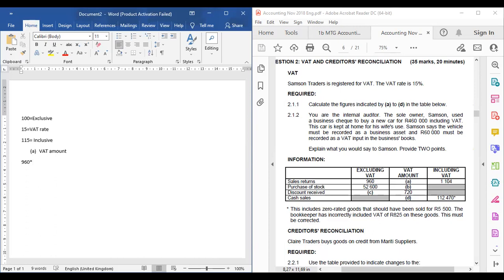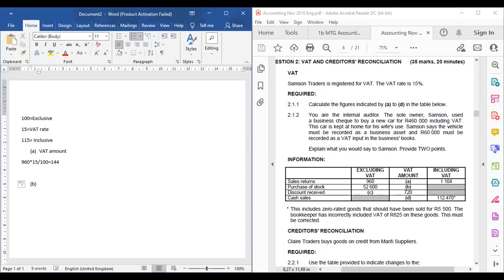The VAT rate, 15, multiplied by the excluding amount. And then you ask yourself, what do I have? The excluding amount, which is 100. And then you get 144. So A is equal to 144. The VAT amount is 144. All right. And now we go to B.